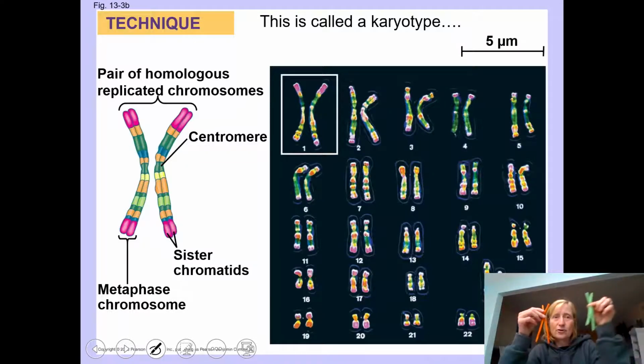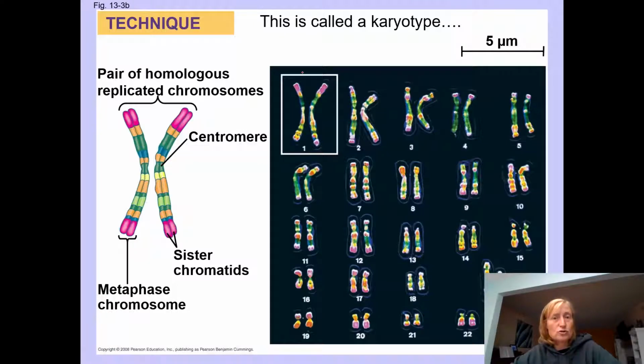One set is going to come from dad in the sperm, and one set has come from mom in the eggs. And you can see this with our karyotype, that humans have 2 chromosome number 1s that are the same size, the same shape, and they carry genes for the same trait. 2 chromosome number 2s that are the same size, the same shape, and they carry genes for the same trait. 2 chromosome number 3s, 4s, all the way down to chromosome number 21, these little guys. 2 chromosome number 21s that are the same size, the same shape, and carry genes for the same traits.